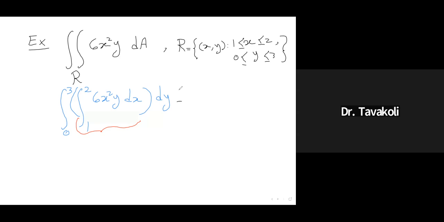So in the next step, first let me write that outside integral, 0 to 3 dy. So 6y comes out of the inside integral. And I just need to find the integral of x squared dx, where x runs from 1 to 2.